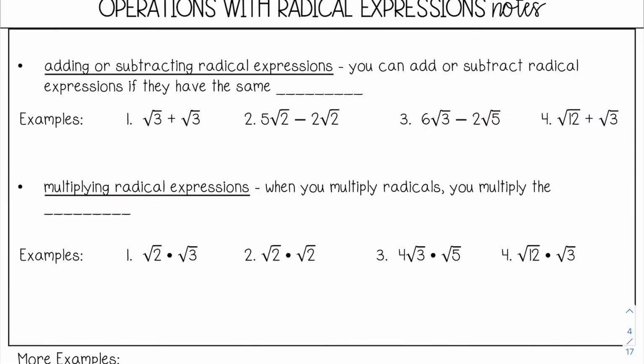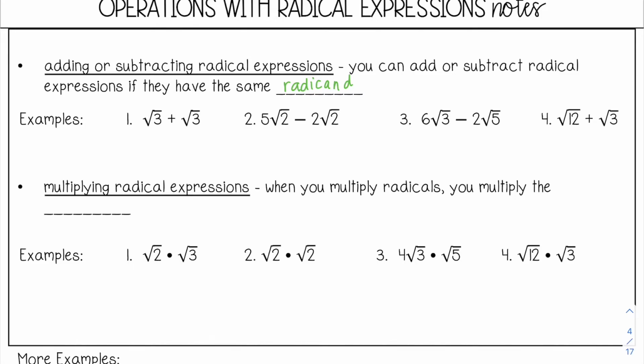Okay, let's talk about operations with radical expressions. So you can add or subtract radical expressions if they have the same radicand, which remember is the number inside the radical symbol, the square root symbol or the cubed root symbol. All right, so let's look at these examples. So number 1 is the square root of 3 plus the square root of 3.